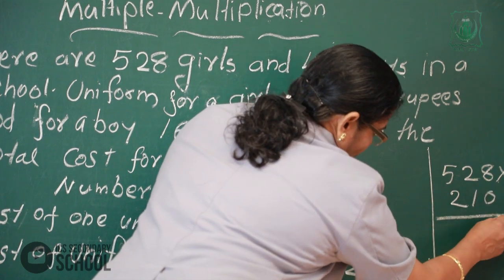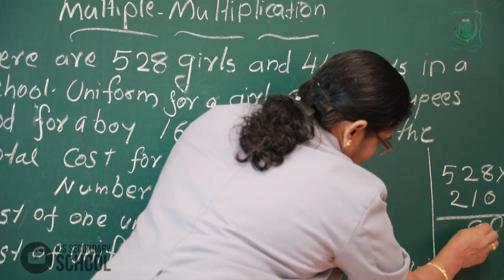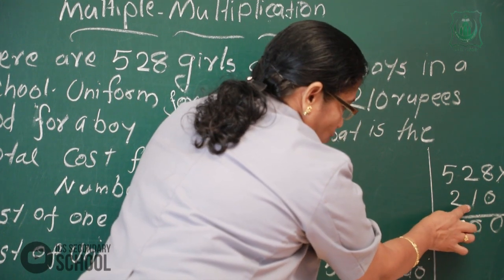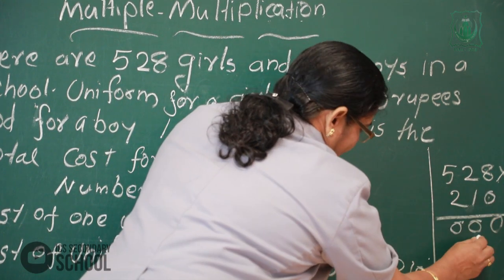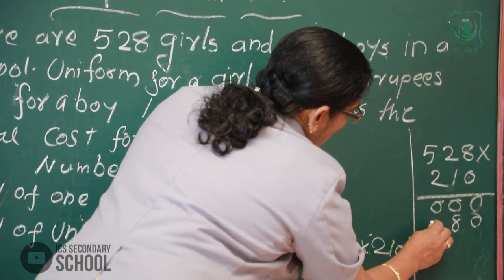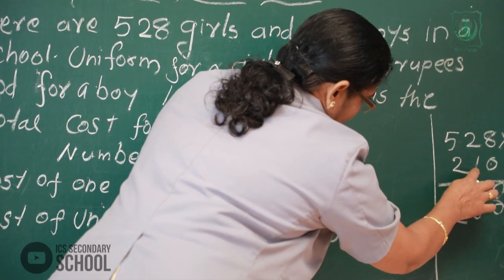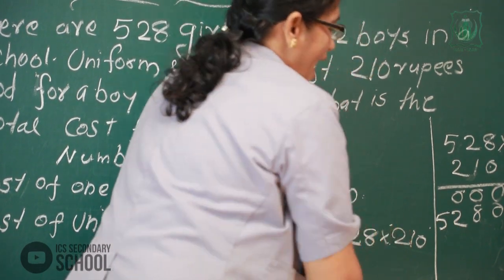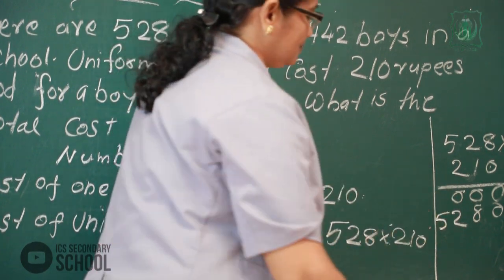Zero. Multiply 8. And next place, tens place 1. 1 into 8, 8. 1 into 2, 2. 1 into 5, 5. And next hundreds place.